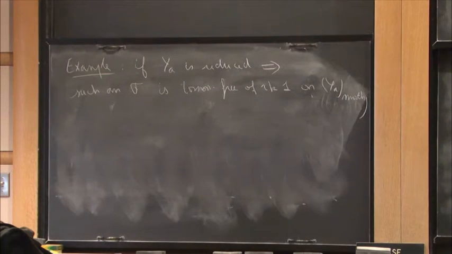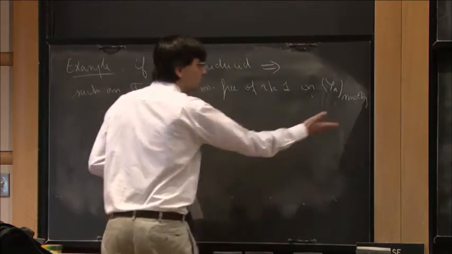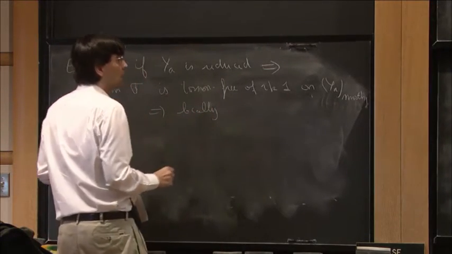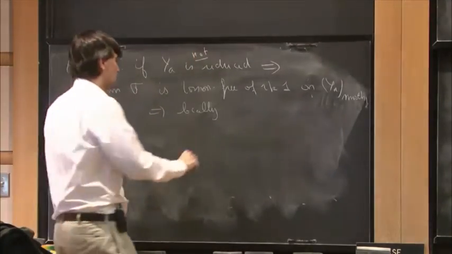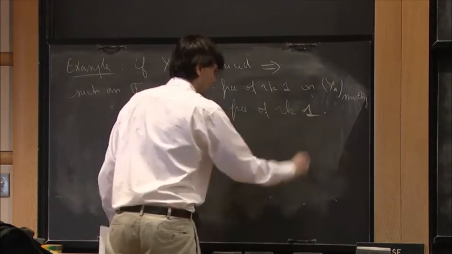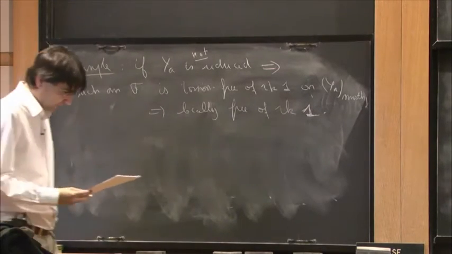Yes, this is the condition of the rank, and this is the condition of the torsion. So F is torsion free on the smooth locus, and thus locally free. Sorry, yes, thank you. So it is locally free of rank 1.